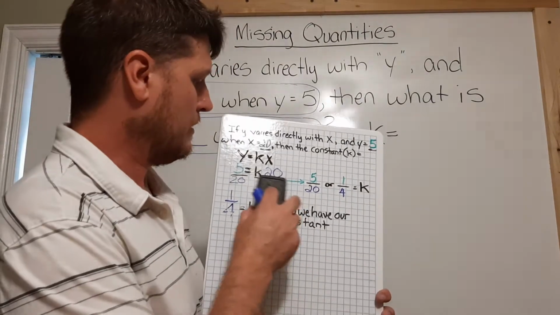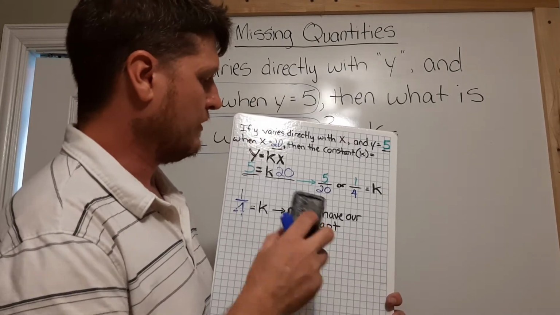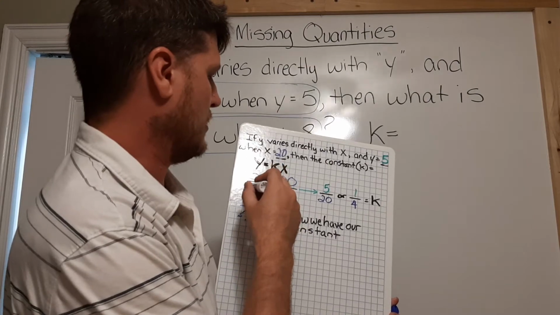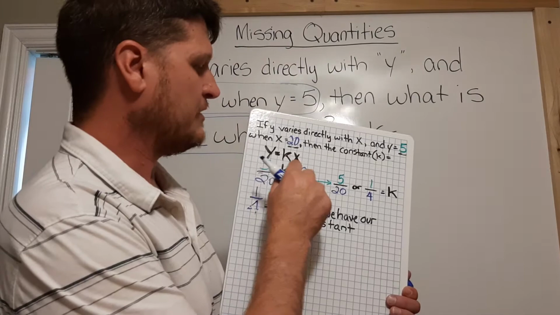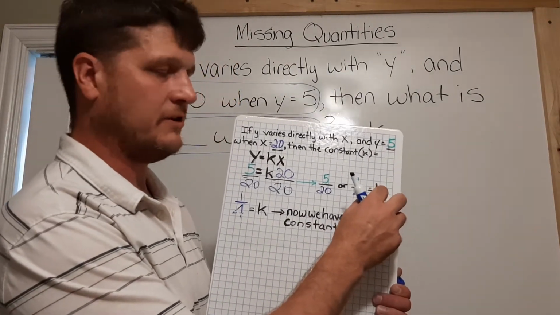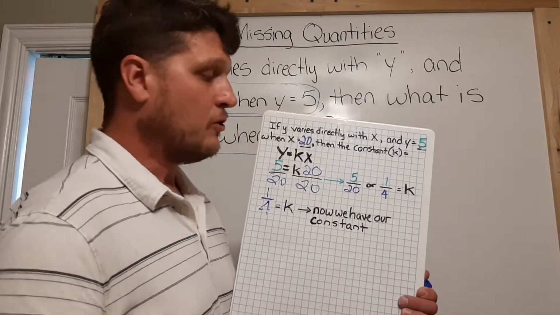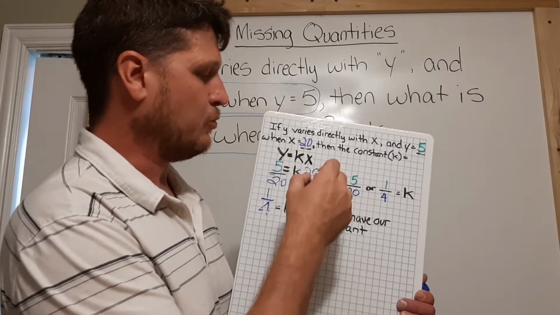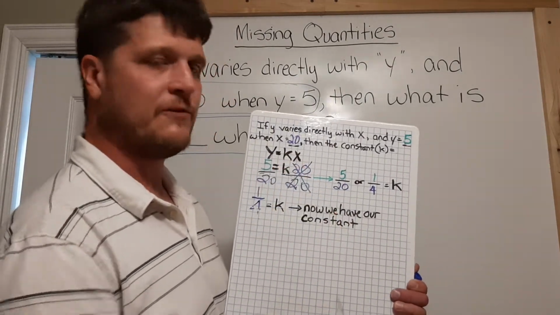Now, we see that k is being multiplied times 20, but we want to get k by itself in order to find the constant, okay? In order to do that, we have to divide this side by 20. And when we do that, 20 cancels out and we're left with k.